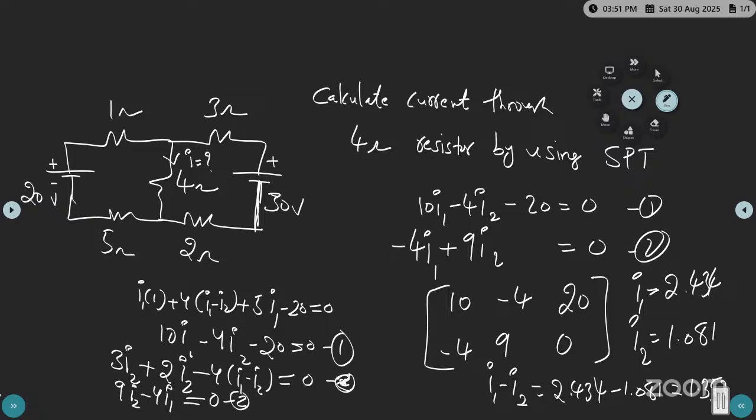Yes, right. So this is when V1 is equal to something and V2 is equal to 0, we obtain the current. So this is the RHS first value. Then the RHS second value.